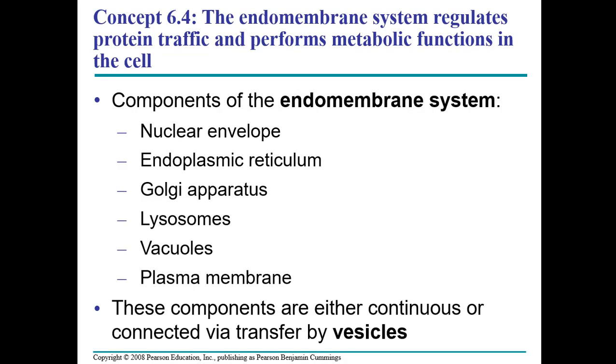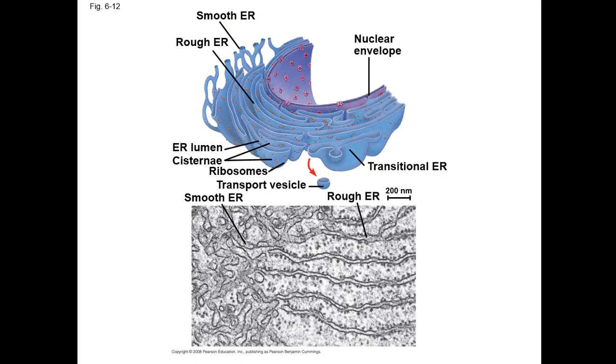Say for example, Golgi apparatus. Kasi after sa nuclear envelope, the material or the protein will be transported to ER, and into the ER, it will go to the transitional ER. The protein will then be taken by the transport vesicle to the Golgi apparatus.